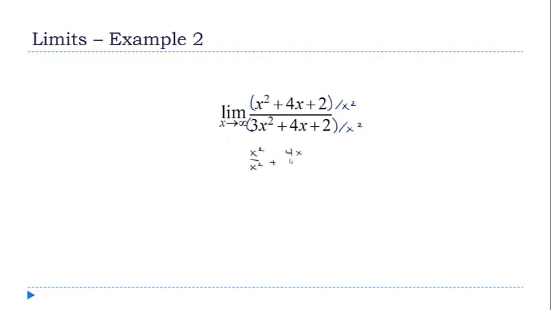This is the new top part, and this is the new bottom part. Now, at first, the expression just seems to get messier, right? But when I start reducing all of these individual terms, things get more interesting.